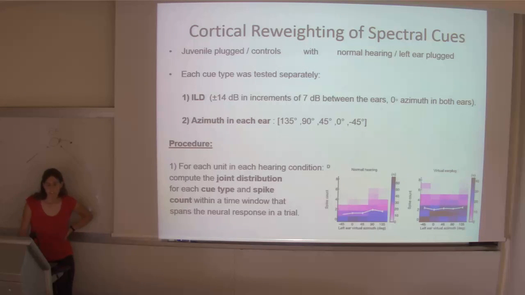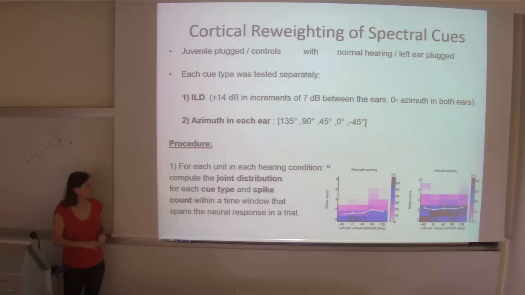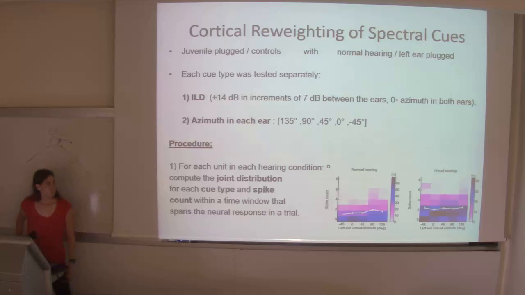So the cues that they checked were the ILD. In order to test the ILD, they just played different levels of sound to the different ears for different azimuths.